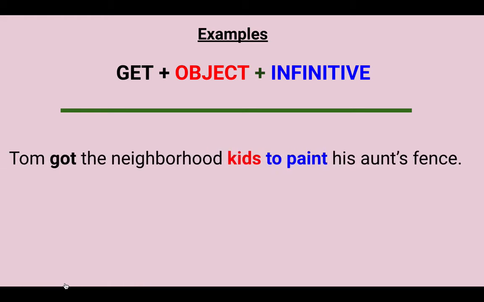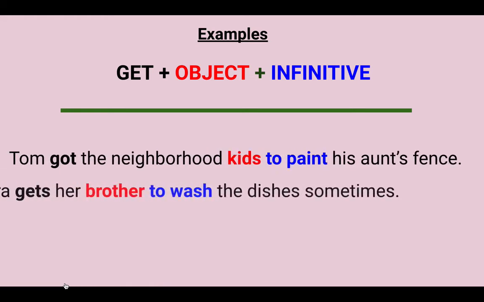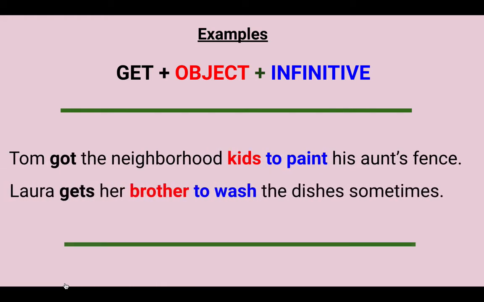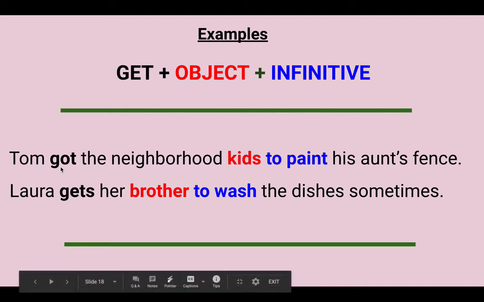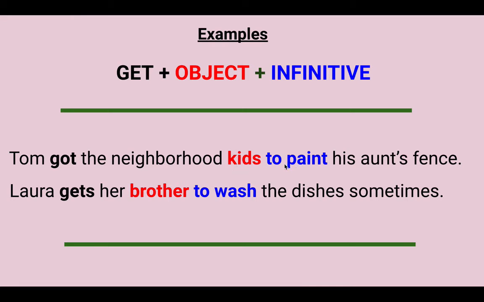So our first example is Tom got the neighborhood kids to paint his aunt's fence. We have the causative verb got plus the object kids and then the infinitive form to paint. So Tom did not paint his aunt's fence. Somehow he caused the kids to paint it. So he did not paint it himself.